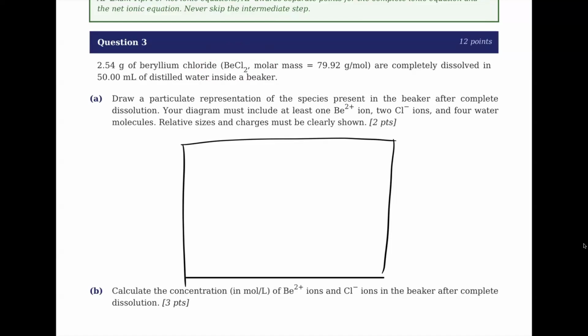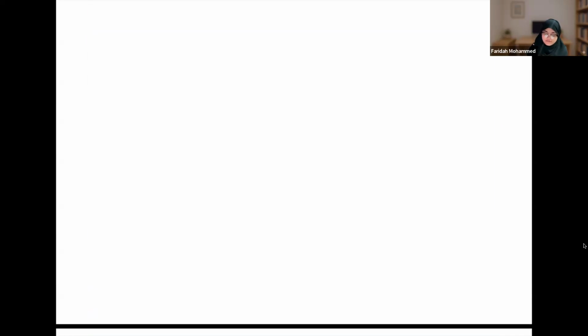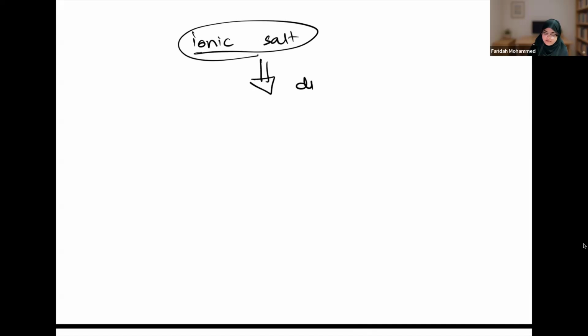Anyone? What's going to happen when you add an ionic salt into water? If they're soluble salts, they're going to dissociate into ions.